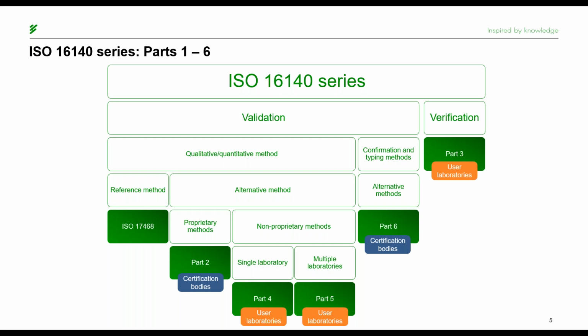It seems to me that with this diagram, it is very clear which protocol we can find in each of these parts of this series of standards, and which one we should address according to what we want to do in our laboratory for a particular method. To understand more about what validation, verification, a reference method, and an alternative method are, we have added a document.